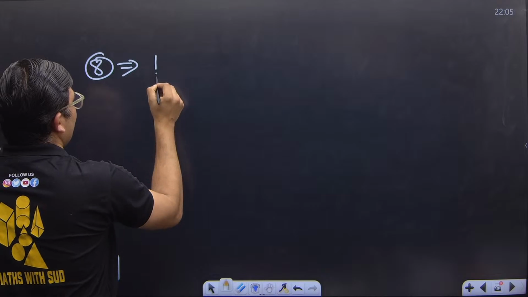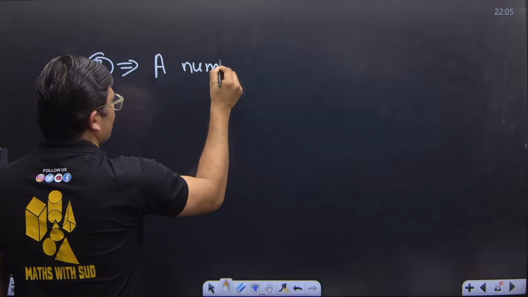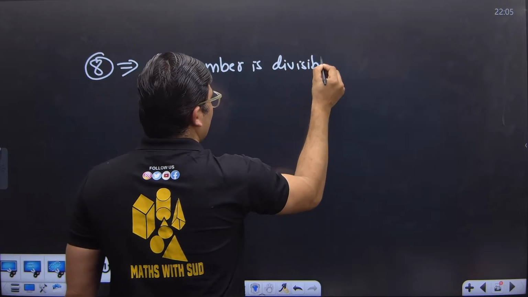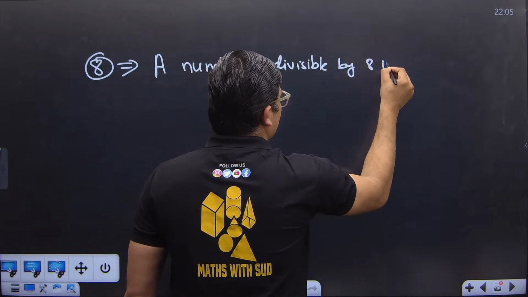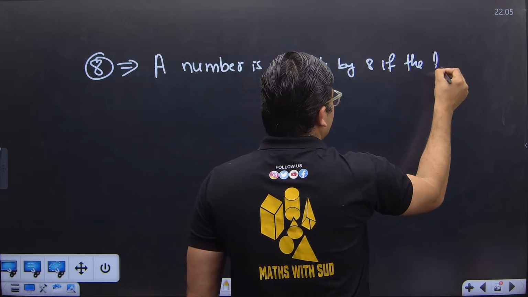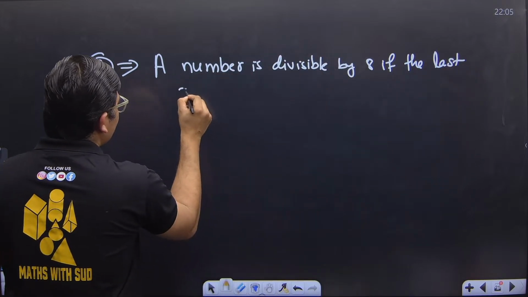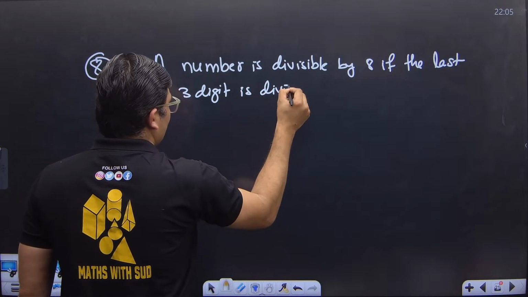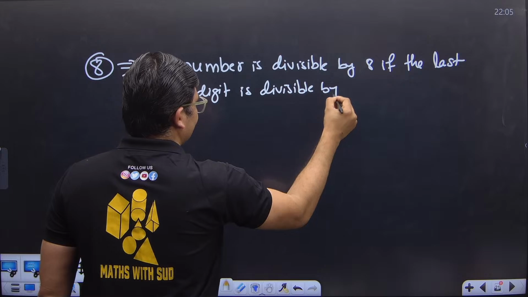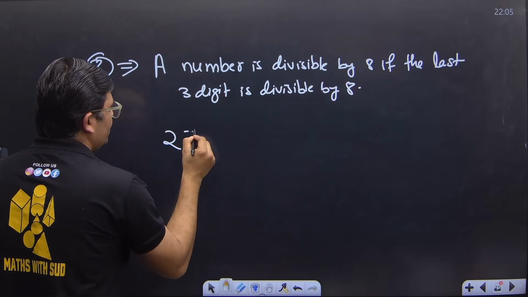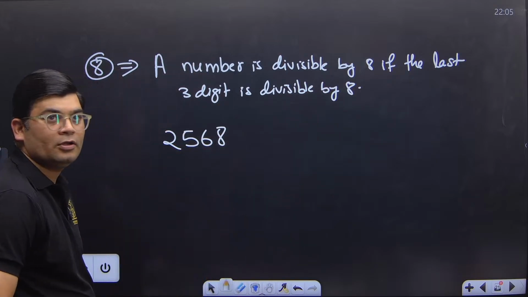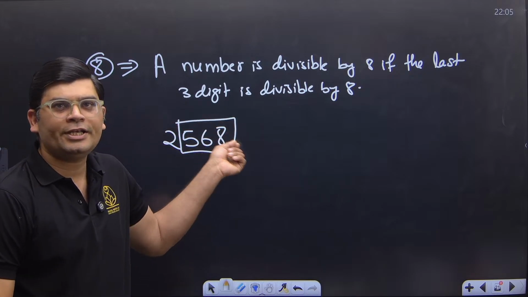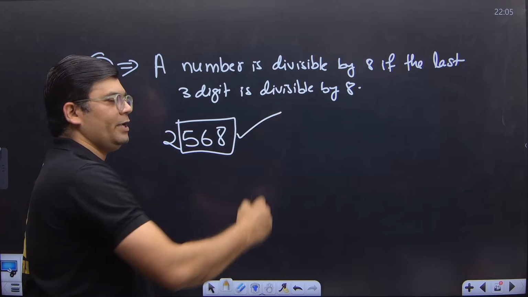So a number is divisible by 8 if the last three digits are divisible by 8. Somebody may give you a big number, so you have to check the last three digits only. So 8 into 7 is 56, 8 into 1 is 8. So this number is divisible by 8.